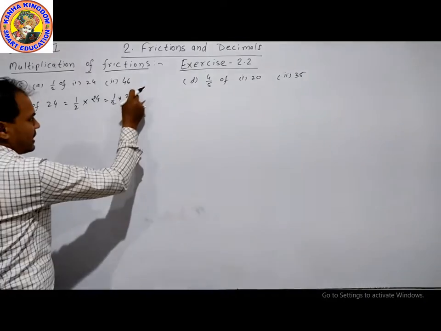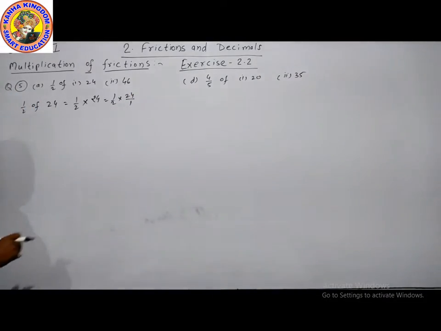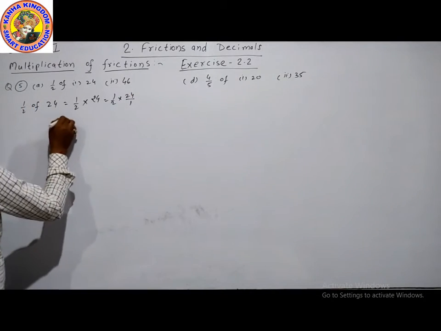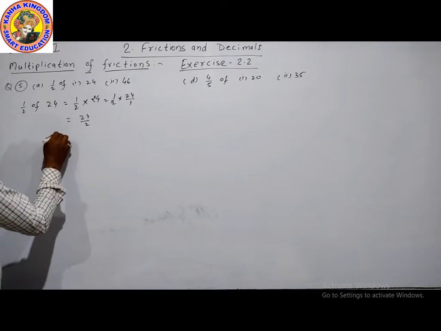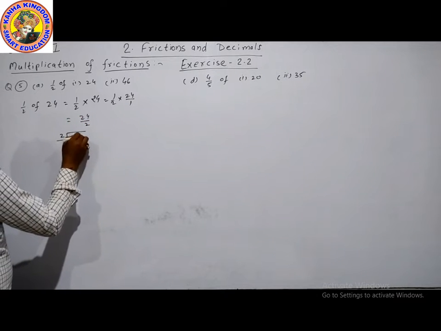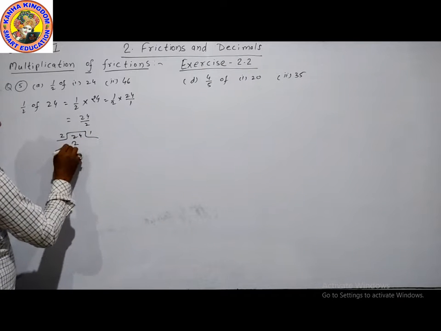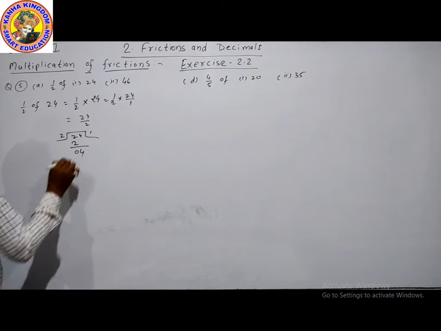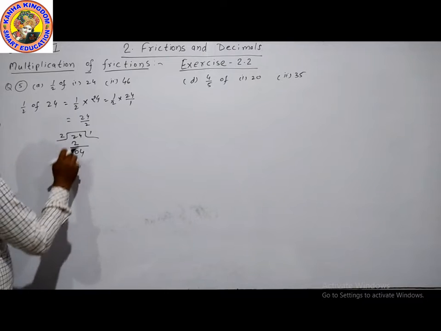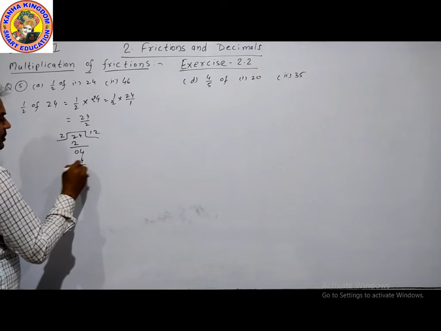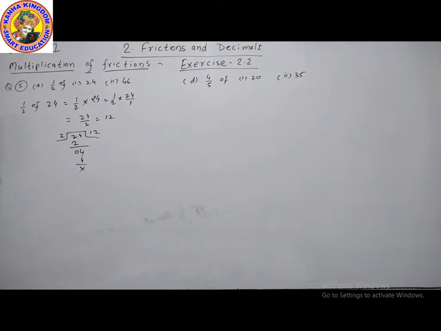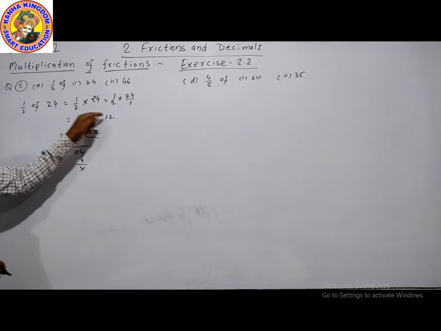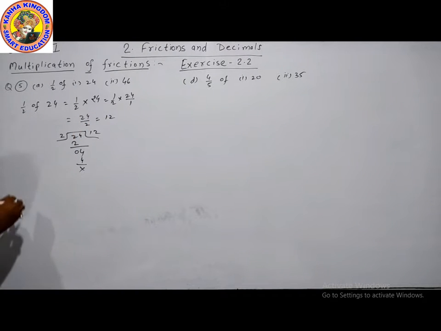Now we can cut 24 by 12 times, or write 24 upon 2. 2 will divide 24: 1 time 2, remainder is 0, next digit is 4, 2 times 4. So answer is 12. 2 can divide 24 12 times.